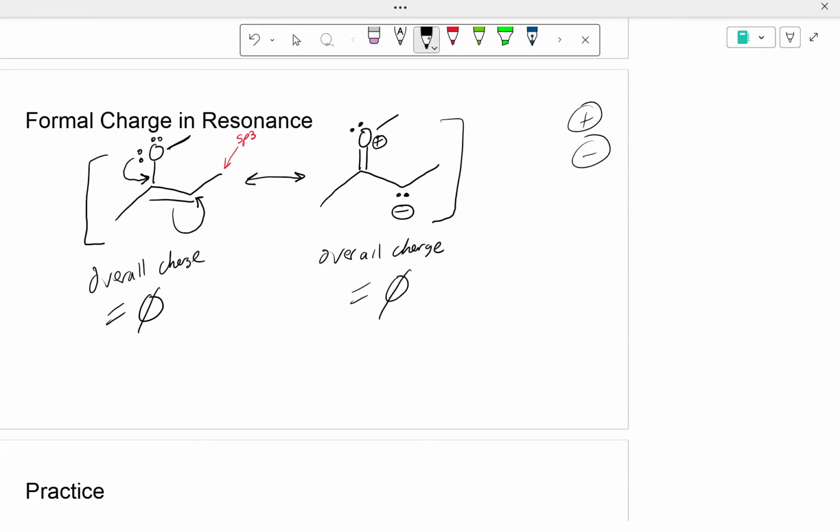That overall charge is still 0. So this is one way that you can check your resonance forms to make sure that your formal charges are correct: the overall charge for every single resonance structure you draw, whether it's 2, 5, 10, whatever it is, should be exactly the same.